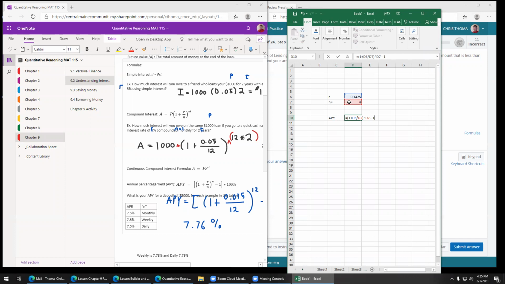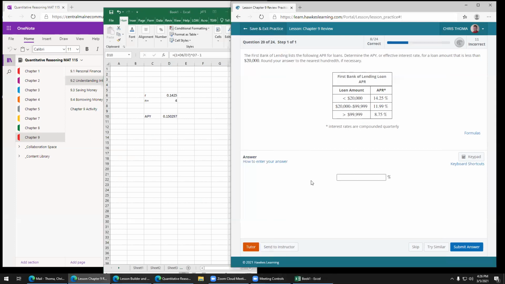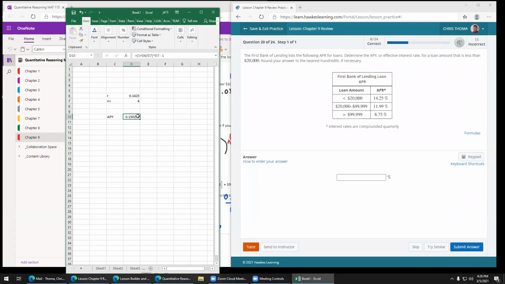Minus 1. And then again, that's going to become a percent. So we're just going to multiply by 100 or move our decimal 2 places. And it wants to round us to the 100th. So just so you can see that, I will multiply this by 100. So this is 15.03.